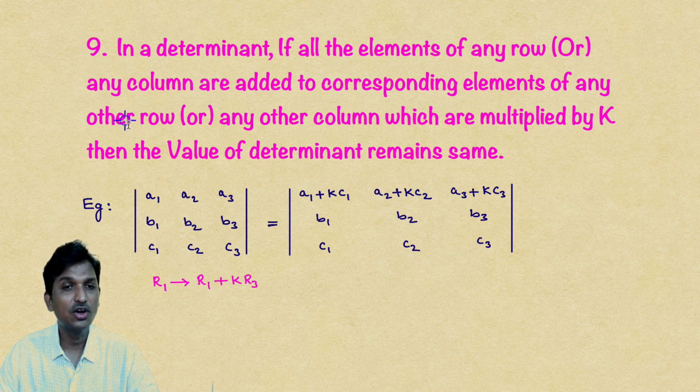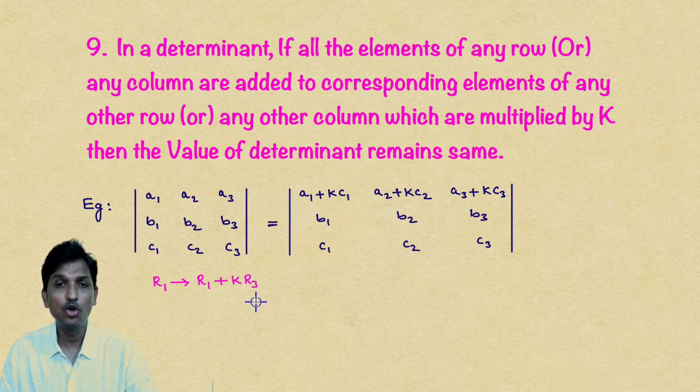Here I am taking the third row, which are multiplied by k. You look here, the operation will be like this: all the elements of the first row are added to corresponding elements of the third row, which are multiplied by k. I hope you are understanding.